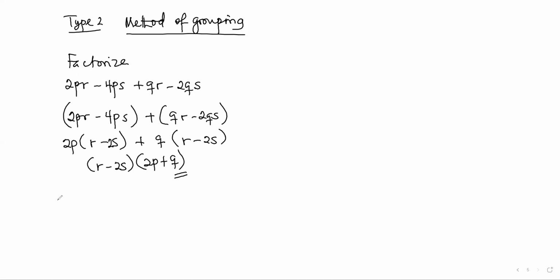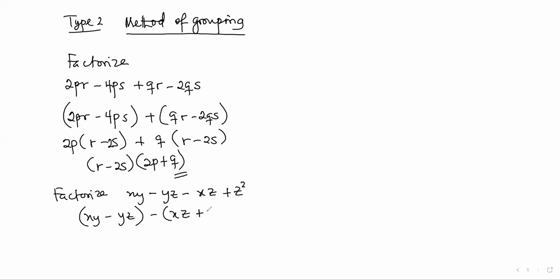Let's take another question. Factorize xy - yz - xz + z squared. Once again, you group them pairwise. So we have xy - yz being a pair, then -xz + z squared also being a pair. What's common?